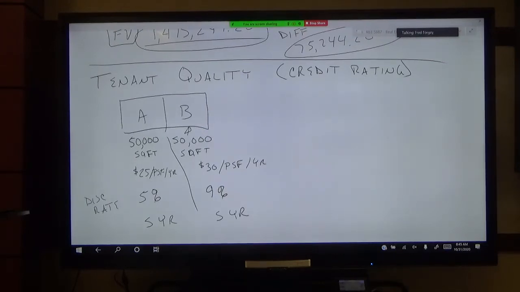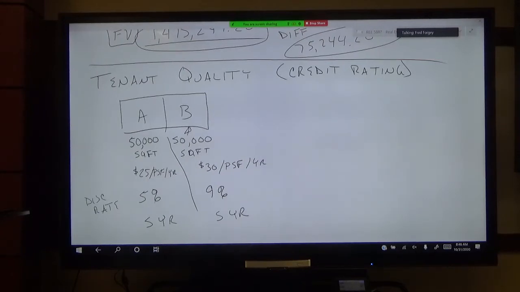Okay, but this is kind of where your point comes in. That permanent lender may make that takeout commitment contingent on certain things. And one of those typical contingencies is that the property be pre-leased up to a certain percentage. They may say it needs to be pre-leased up to 75% or something like that.